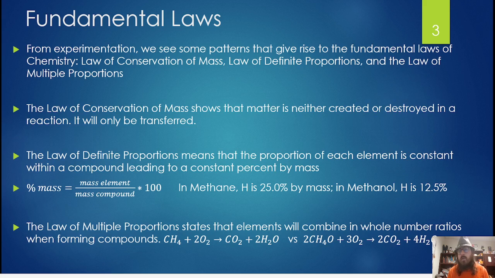The law of conservation of mass teaches us that matter is neither created nor destroyed in a reaction. It is only transferred. That's because we are not breaking apart an element, and we are not making a new element. We are swapping elements in our chemical reaction.